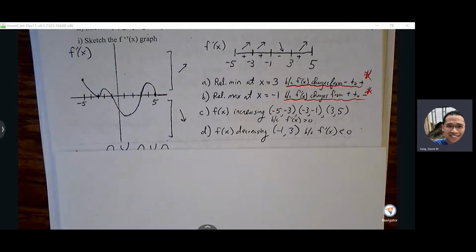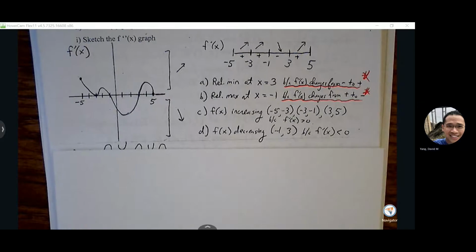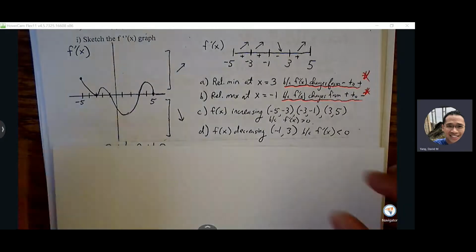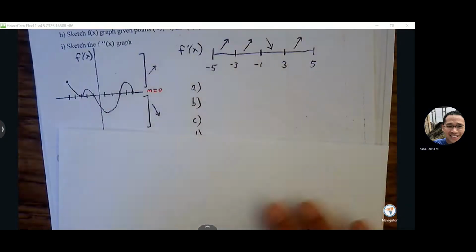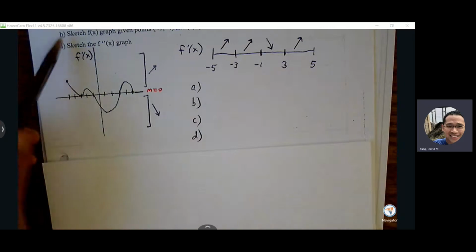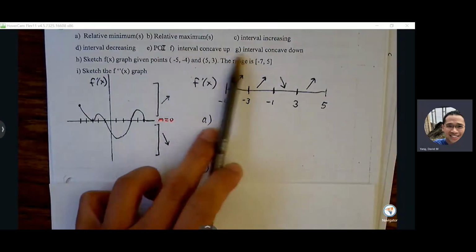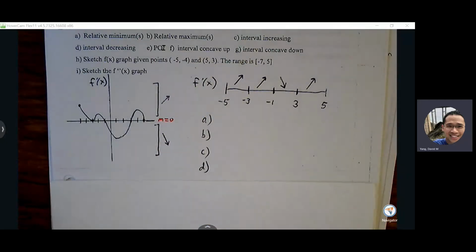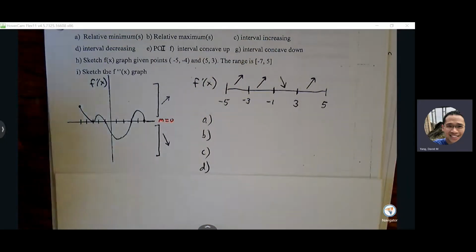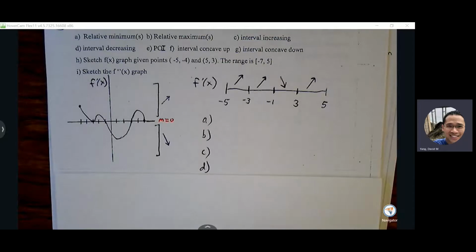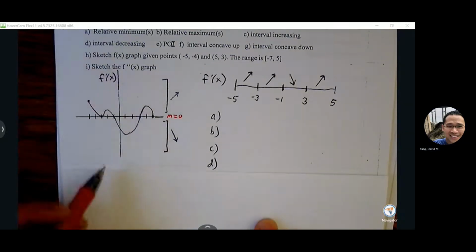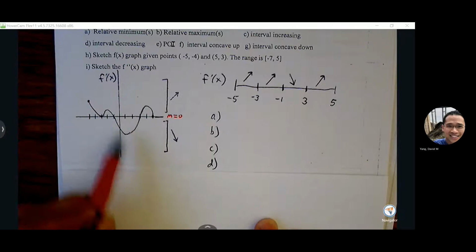Okay, are we okay with the slope sign line? Okay, so now moving on, not part D, but now E through G, we're going to create our second derivative sign line. Now we're going to target the peaks and valleys.